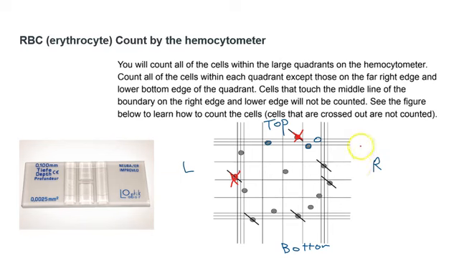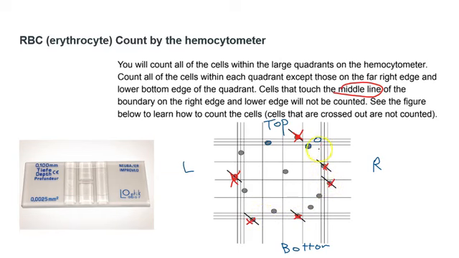But how about for the right and bottom edge? For the right and bottom edge, if they are touching the middle line, we're not going to count them. We are going to cross them out if they are touching the midline.